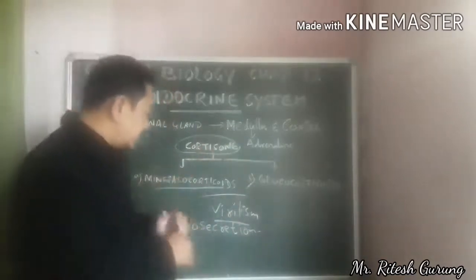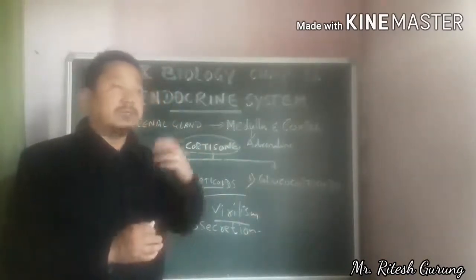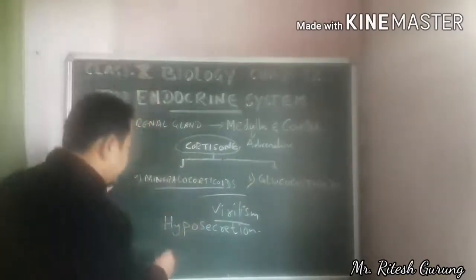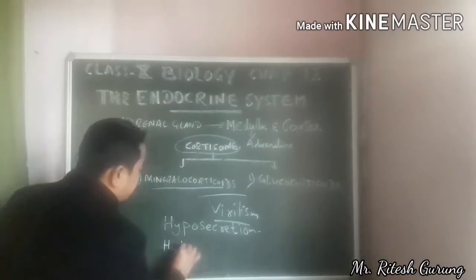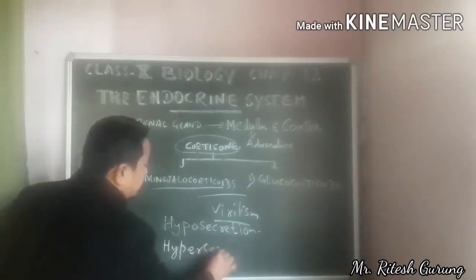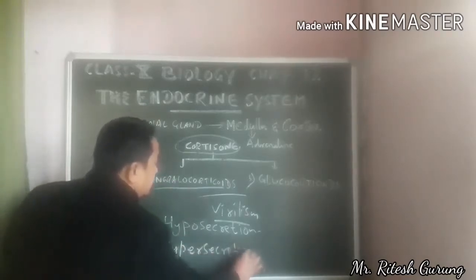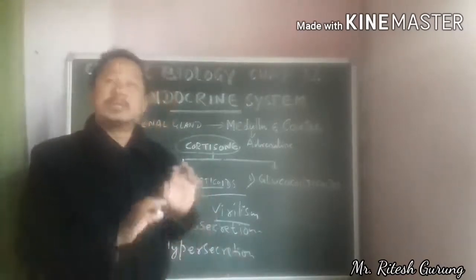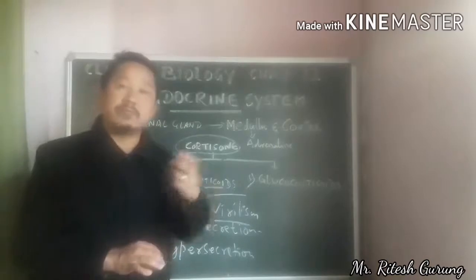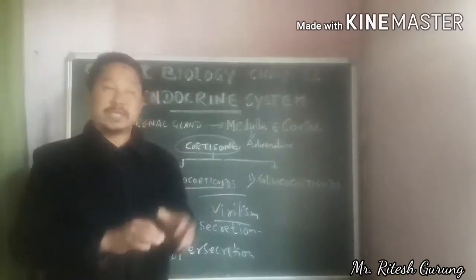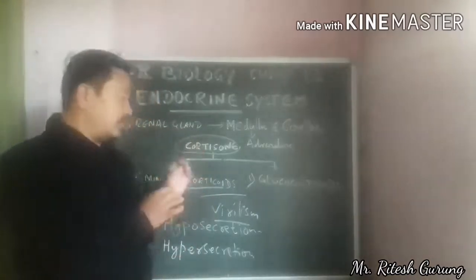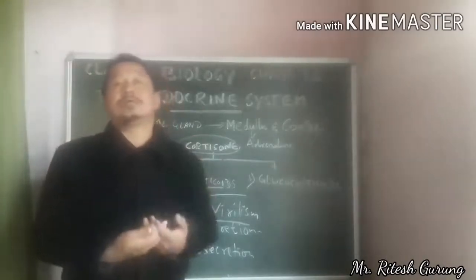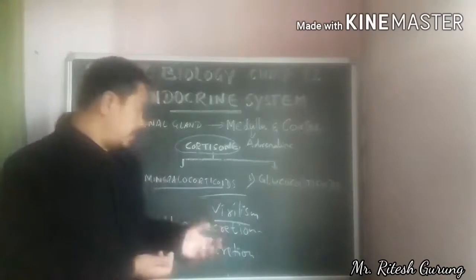If the concentration of the hormone is more than the body requires, it is called hypersecretion. Both are not good and cause problems in the body, so the concentration of hormones should be at the correct level.